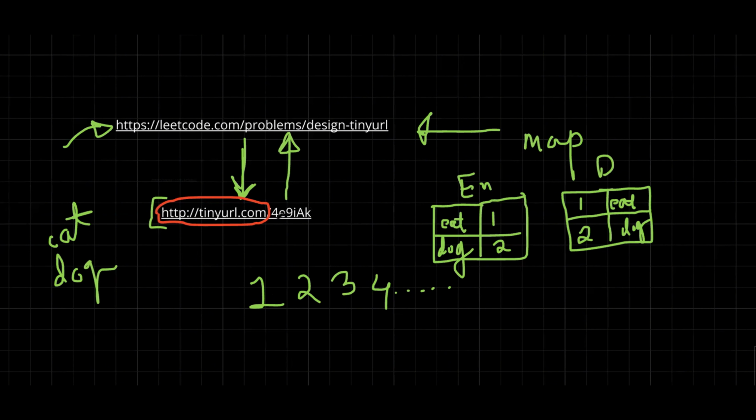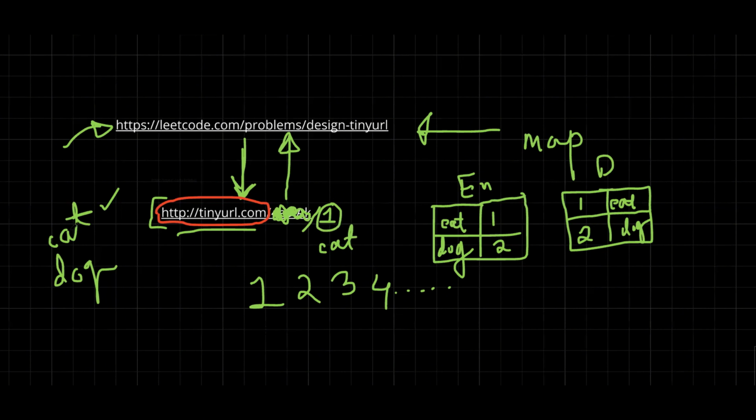Now the encoded URL will become, because tinyurl.com is the base URL here, and suppose we have cat, so it will become tinyurl.com/1. Now, similarly, when we decode it, we will replace this 1 by cat. This is how the encoding and decoding will solve the problem.